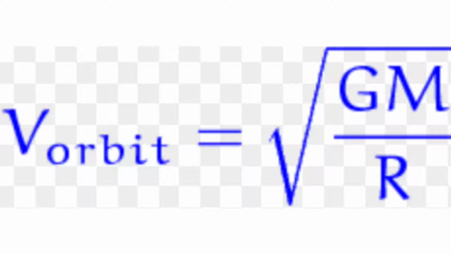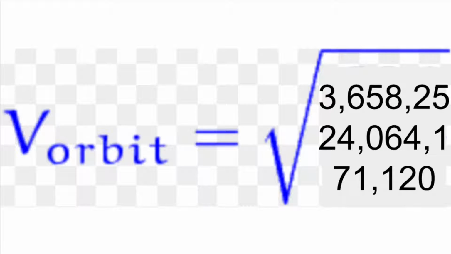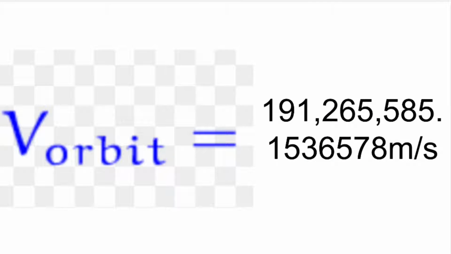First, we need to know how fast the rocket is orbiting the black hole. The equation for this is the square root of the gravitational constant times the mass of the black hole divided by the distance from the center of the black hole. Plugging in the numbers, we get 191,265,585 meters per second, or about 63.8% the speed of light.